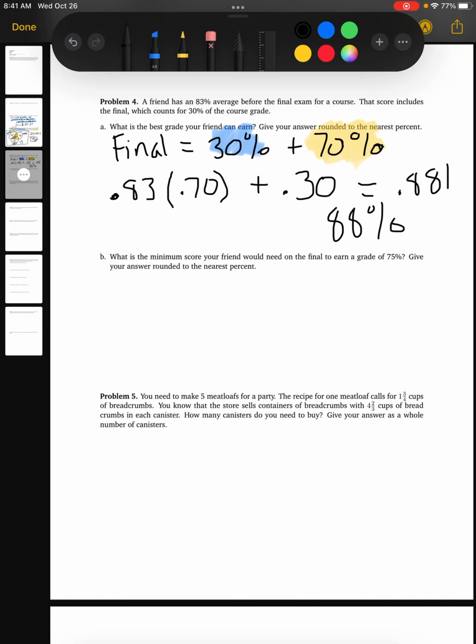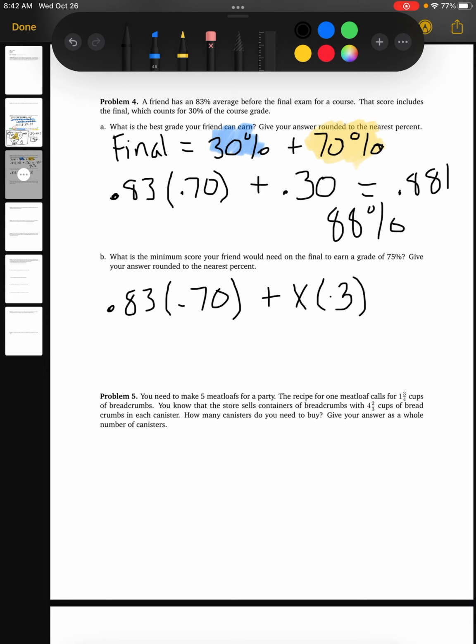Nice. So what's the minimum that we need on the final to make sure that we get a C, that we get a 75%? So again, we're looking at our final grade as 30% of this final exam and 70% of everything else. So we know that we already have 83% of our 70%. And what we're looking for now is we need to find x times 0.3.